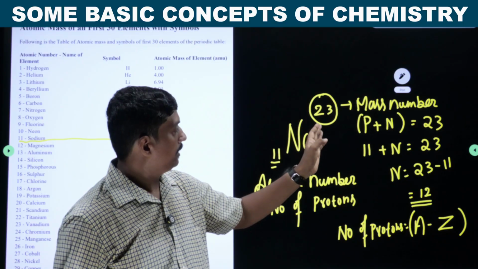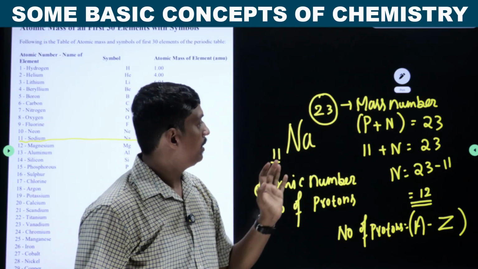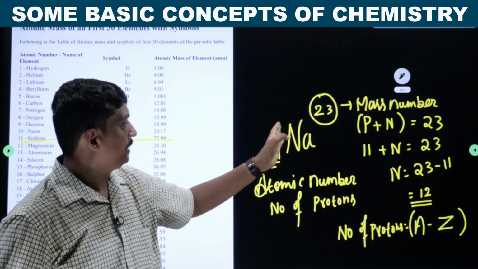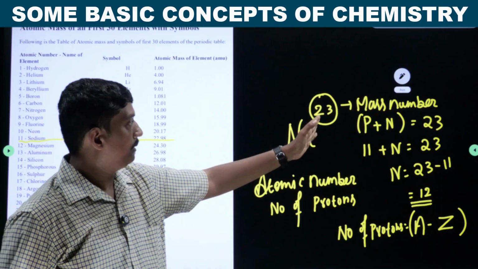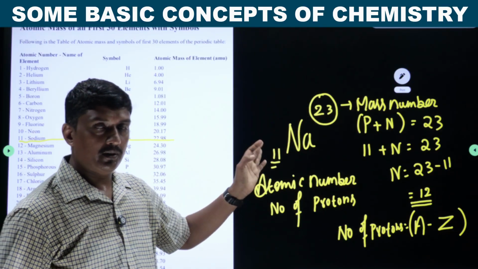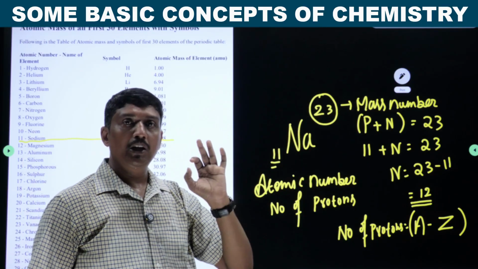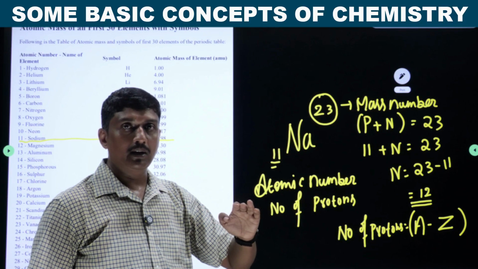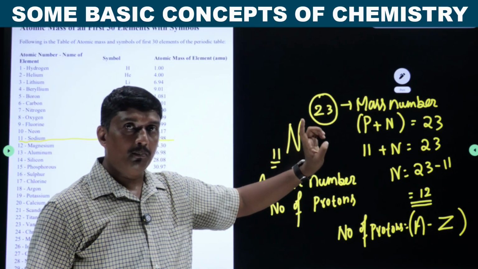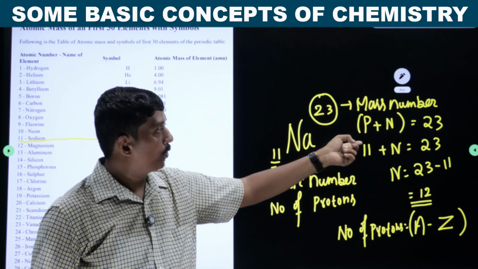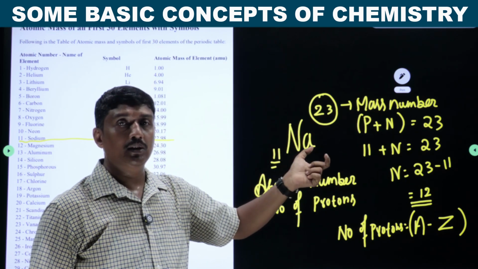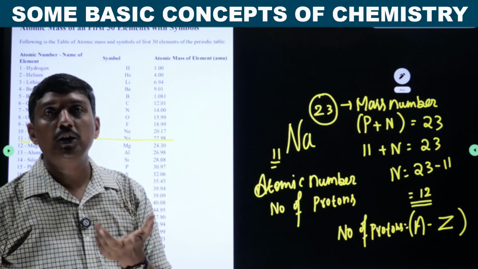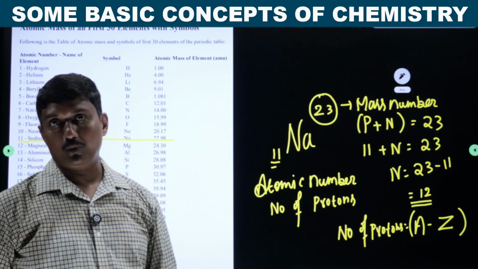Now this topic is very clear to you: how an atom can be represented symbolically and what is the significance of these numbers. Atomic number is given by the total number of protons or electrons in the neutral atom. Mass number is the sum of protons and neutrons in the nucleus. These protons and neutrons are also called nucleons, the components of the nucleus.